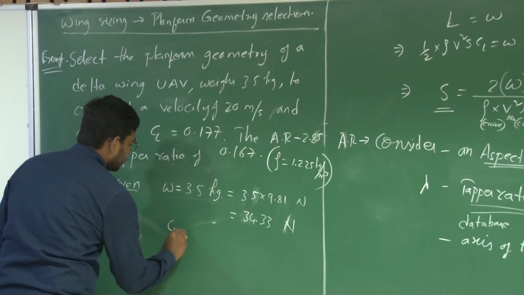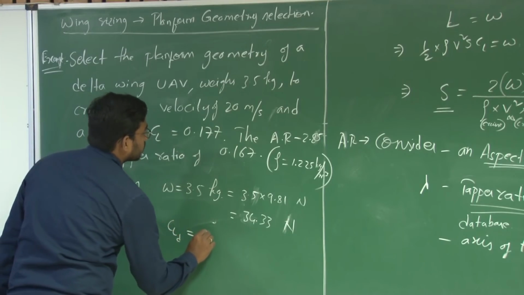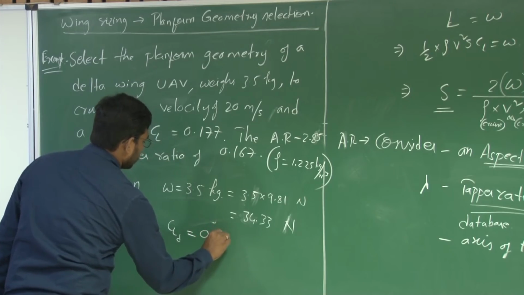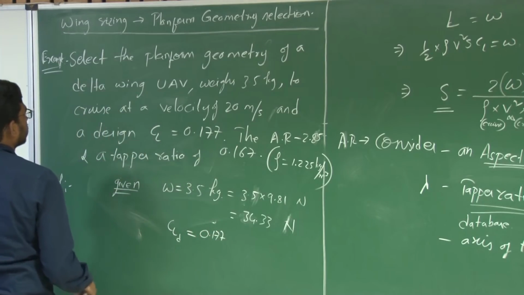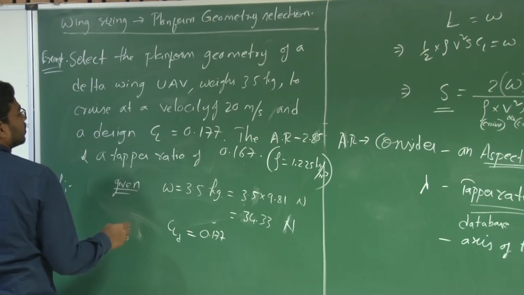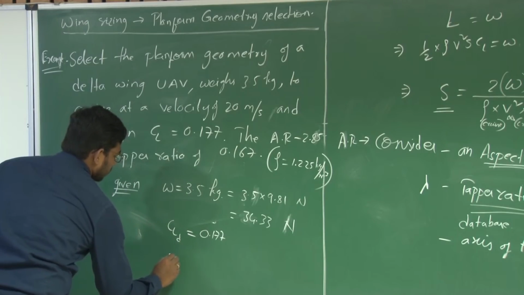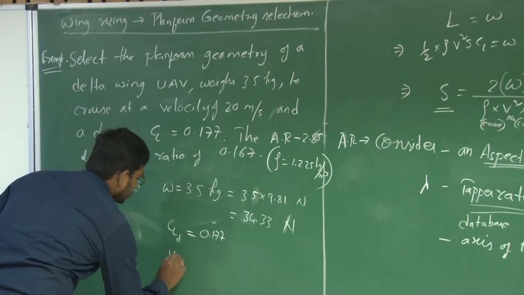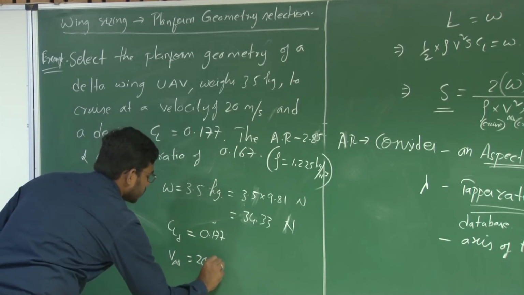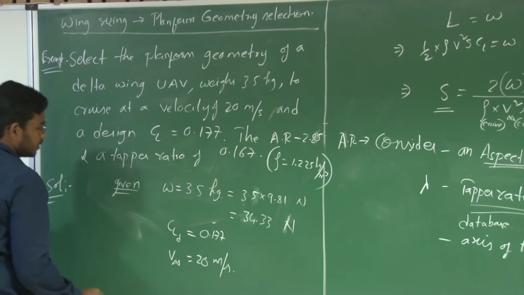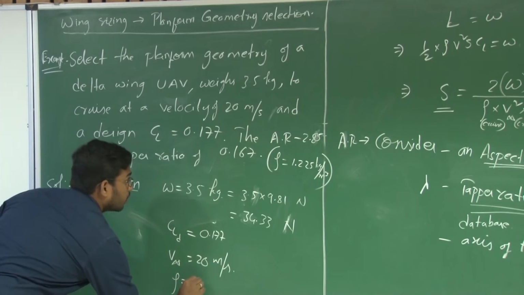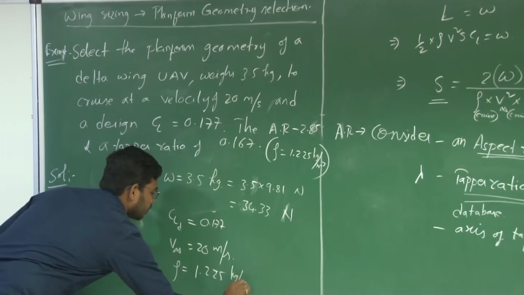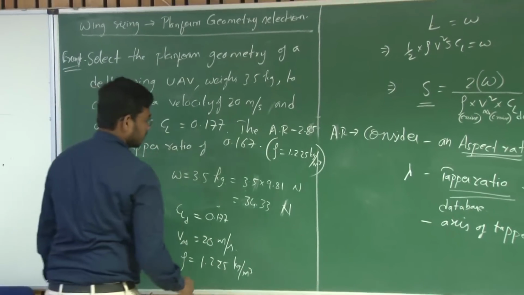And CL design is equal to 0.177, and the corresponding velocity is 20 meters per second. So cruise velocity is given, density is given 1.225 kg per meter cube, right.